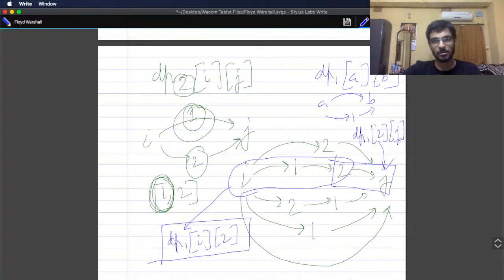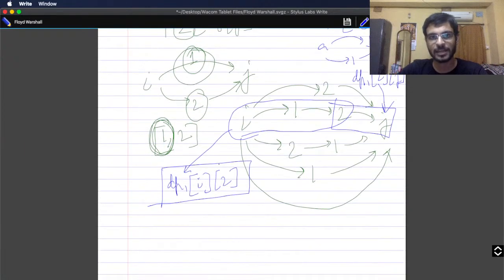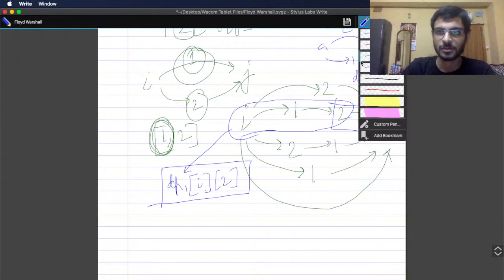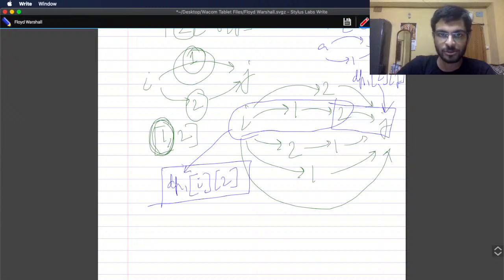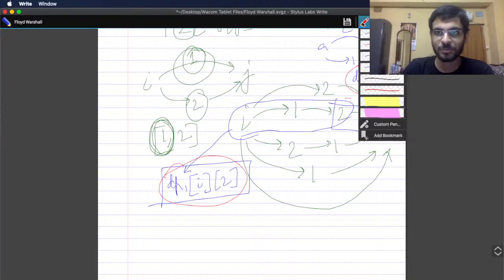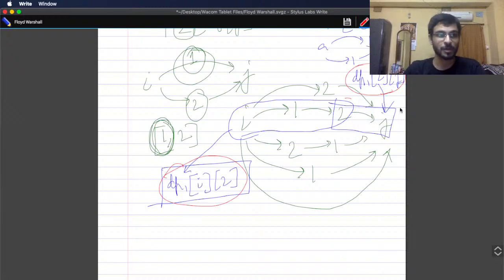So whatever is the minimum, you can form like this. From 2 to j, we are going in this manner. So our final path, if this is the shortest path, I'm going to find it from the summation of these two values. By adding these two values, I'm going to get the value of this particular path.